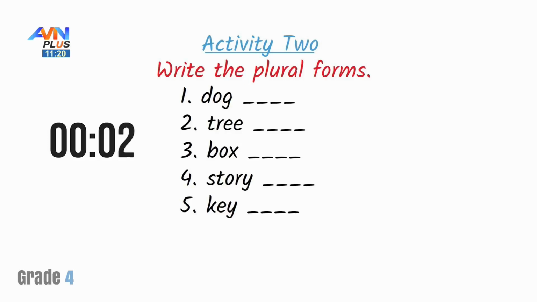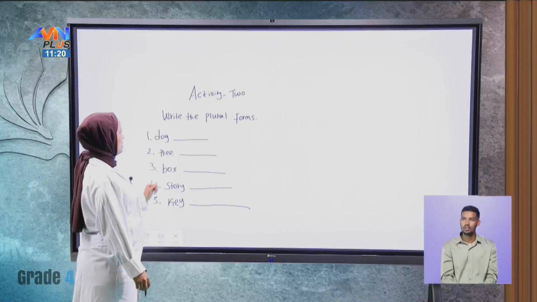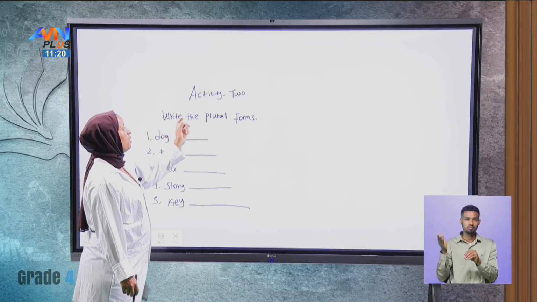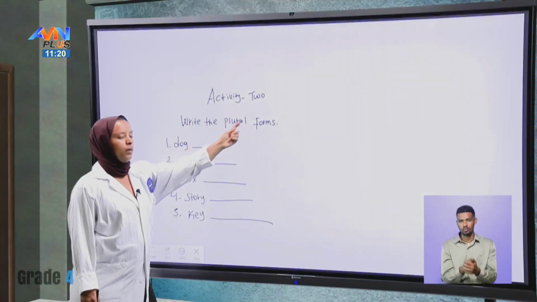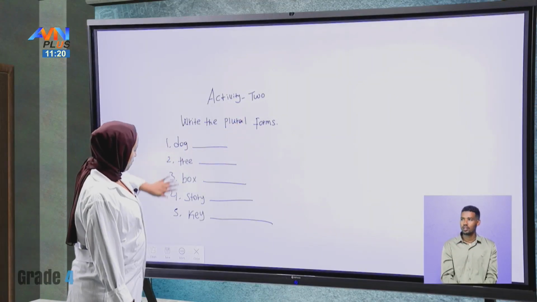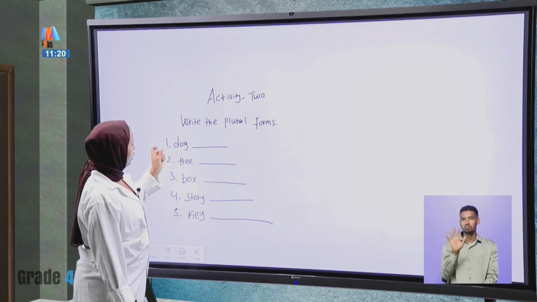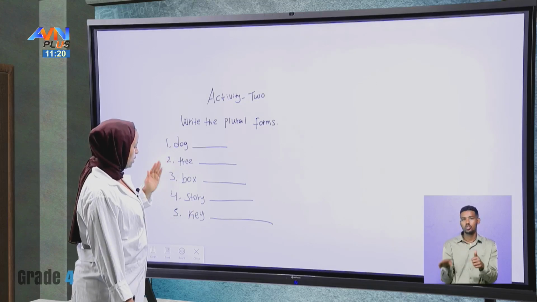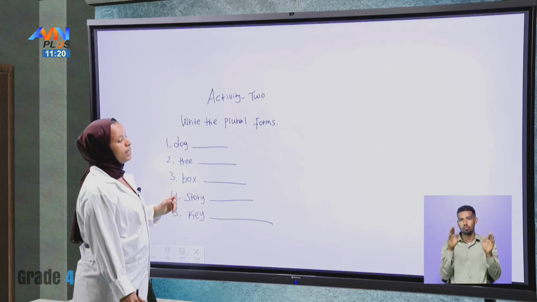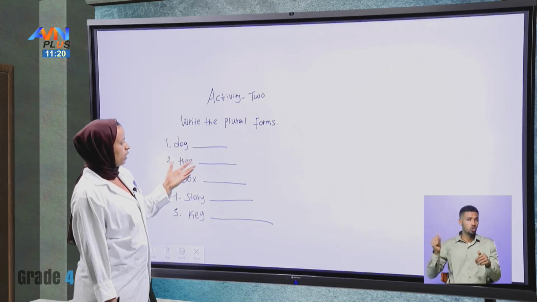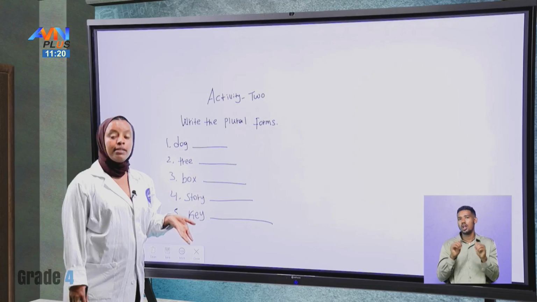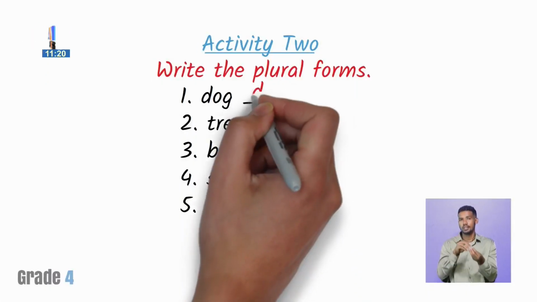Students, here is the instruction: write the plural forms. Here are the questions: dog, tree, box, story, and key. The first one, dog. Look here, it ends with a consonant, so easily add S at the end of the noun.